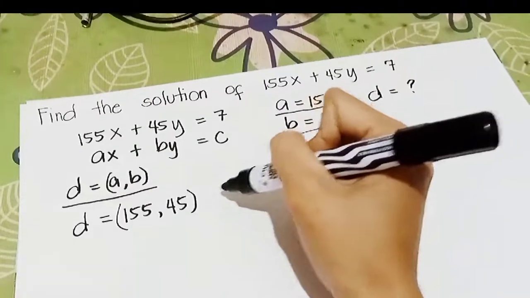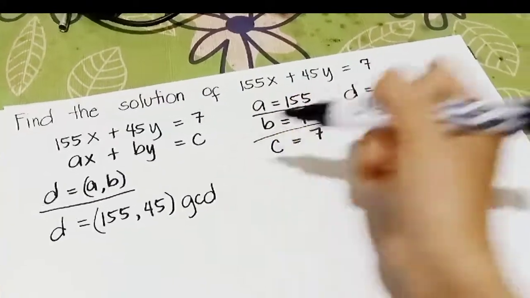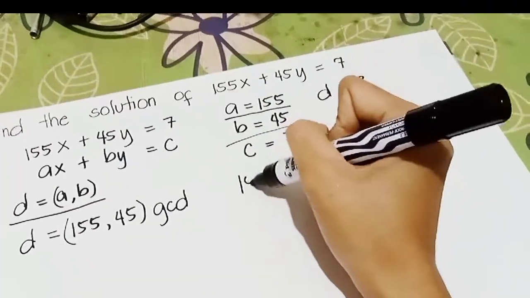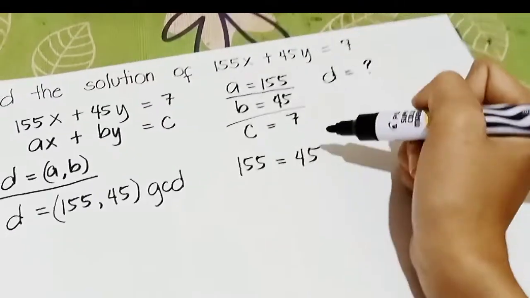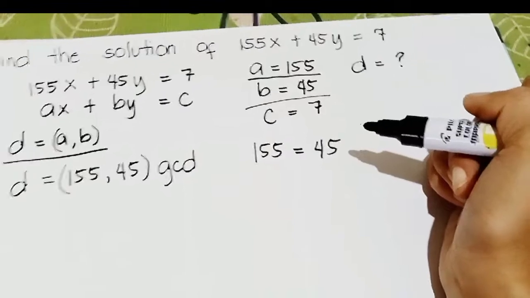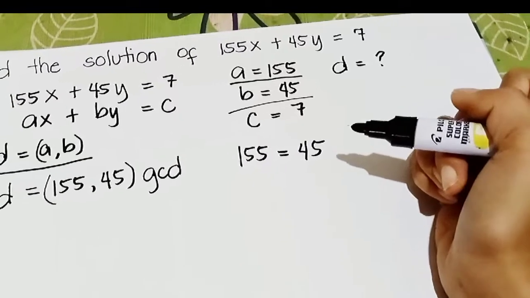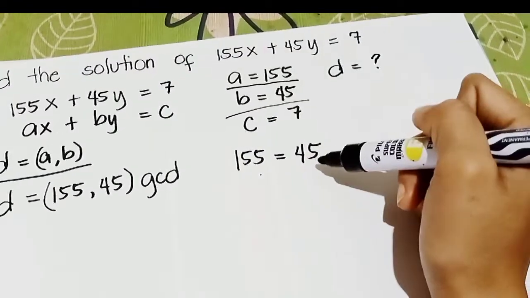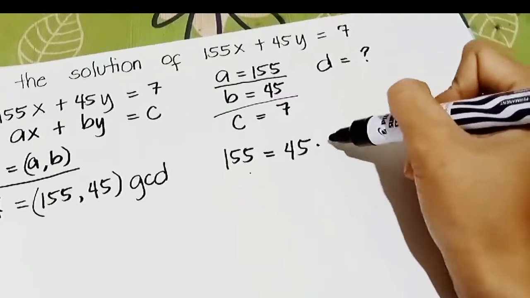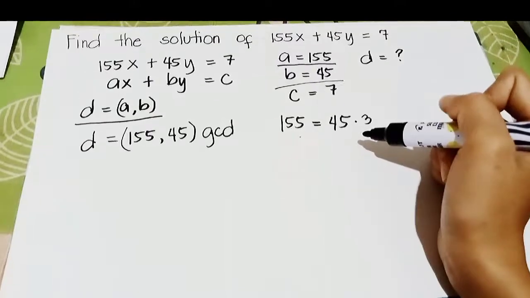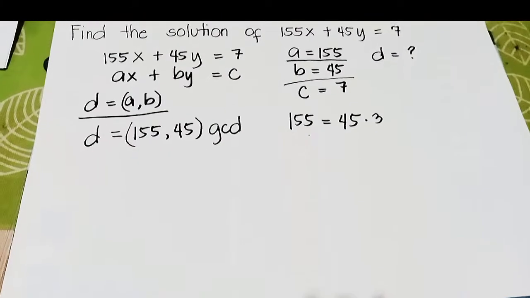Let's get the GCD using the Euclidean algorithm. 155 divided by 45 is 3, and 45 times 3 is 135.